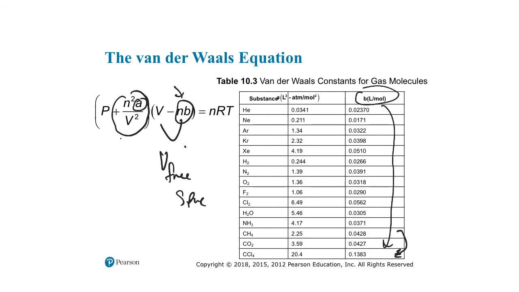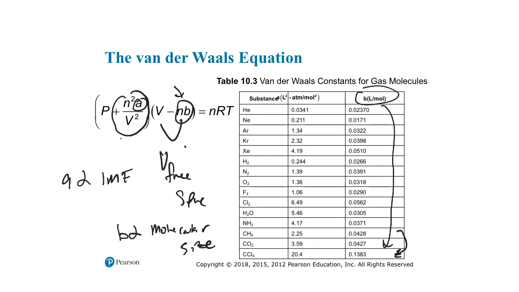It has a larger b value. So b is directly proportional to the molecular or the atomic size, or just size overall. And so generally you find a larger molecule takes up more space and has a larger b value. Then likewise, a is related to the strengths of intermolecular attraction.